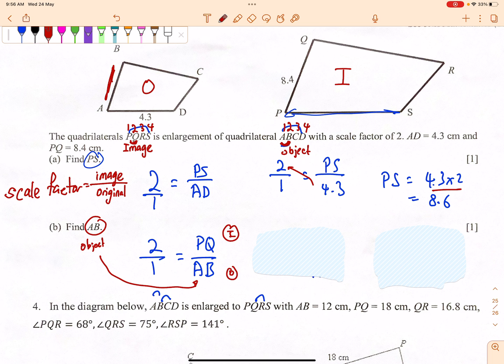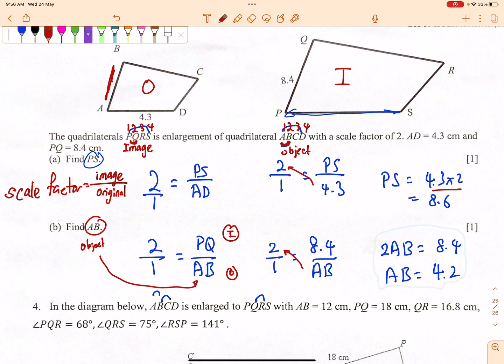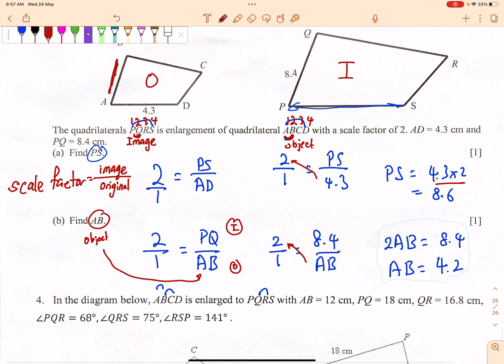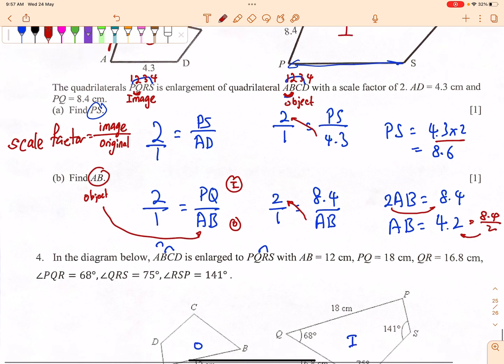So I'll write PQ there. Putting in the length, doing a cross multiply. So multiply upwards, I'll get 2 times AB is 8.4. And for AB, if I don't want the 2, I remove the 2, I will divide by 2, right? So bringing the 2 over, I'll divide by 2. So 8.4 divided by 2, I'll get 4.2. Okay, so that's for question 3.